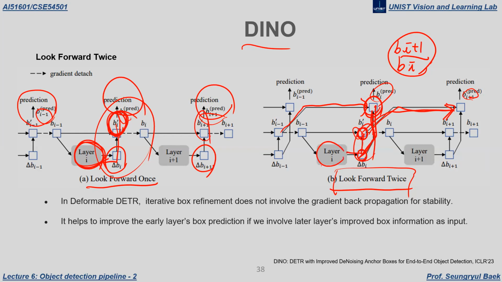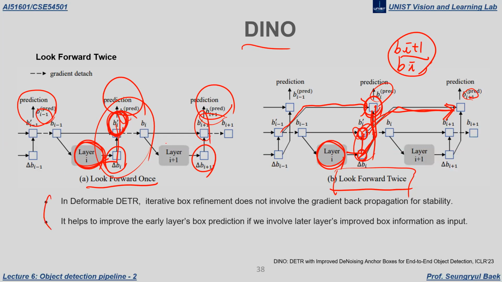So this layer gets the gradient from the next layer and, at the same time, from the current layer output, so it gets more information during training.